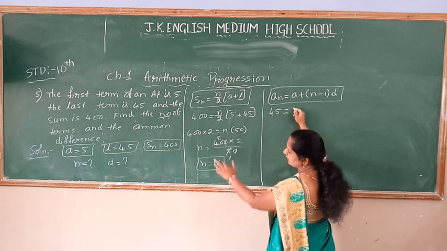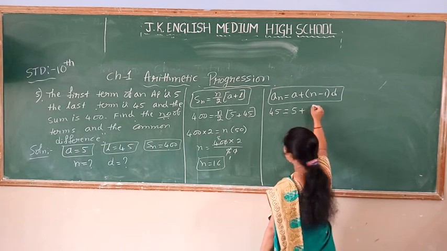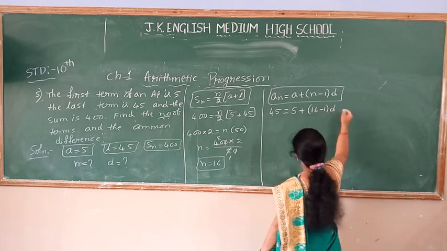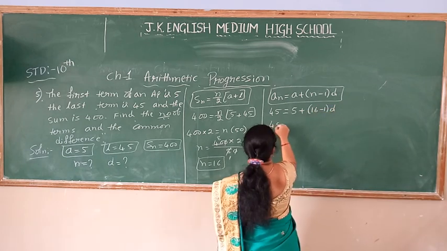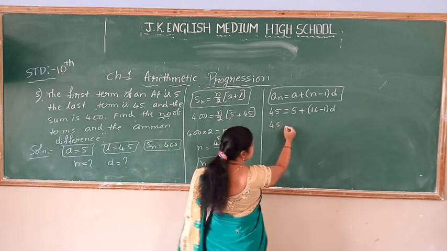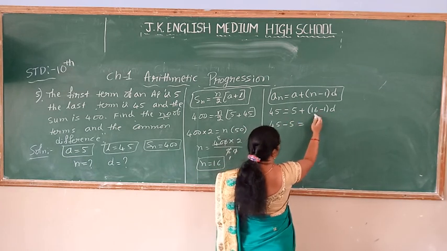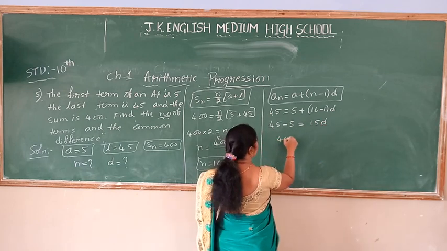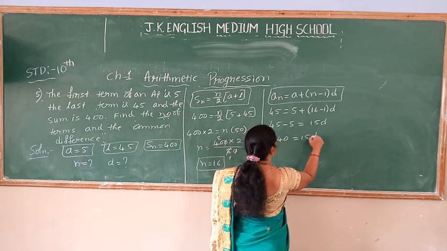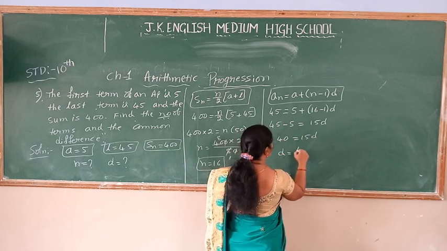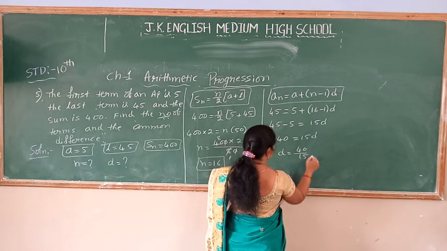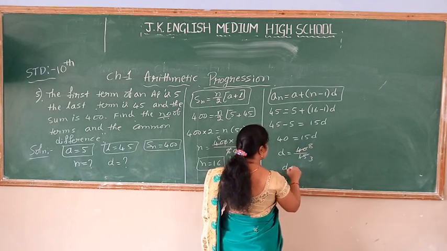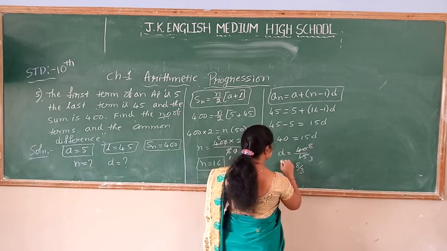A value we know, and n value I got now, 16. 45, this 5 take aside, it becomes minus 5. So 45 minus 5 is 40, equals 15d. d is equal to 40 divided by 15. 5 threes are 15, 5 eights are 40. d value is 8 by 3.